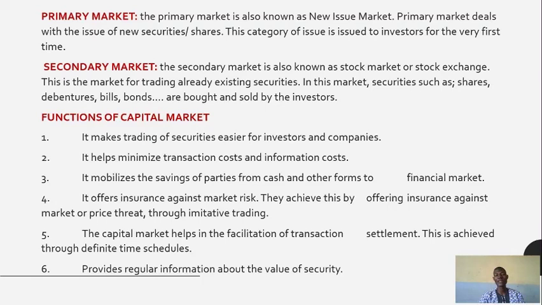Because if you visit the stock exchange market, information that you need as an investor will be provided. So you minimize cost. You can also access the website to get further information.